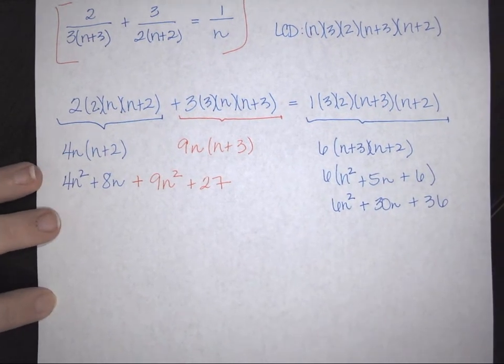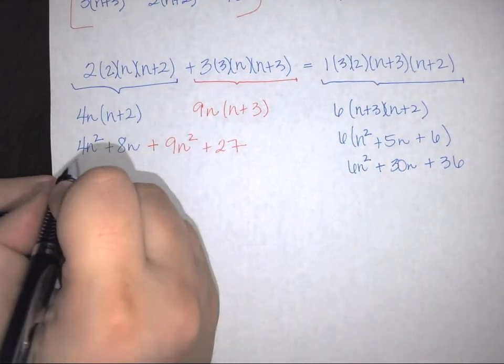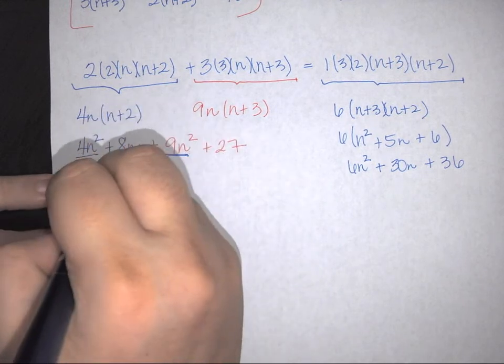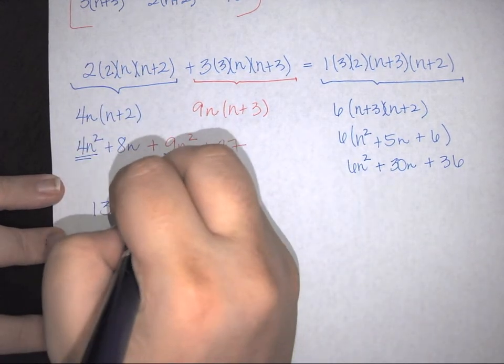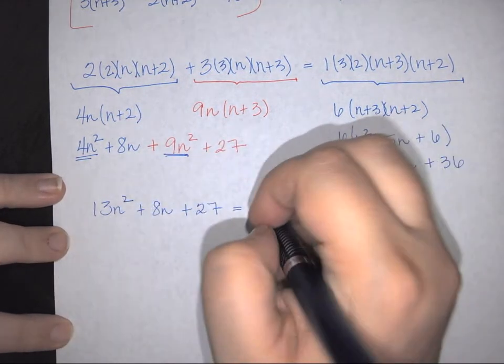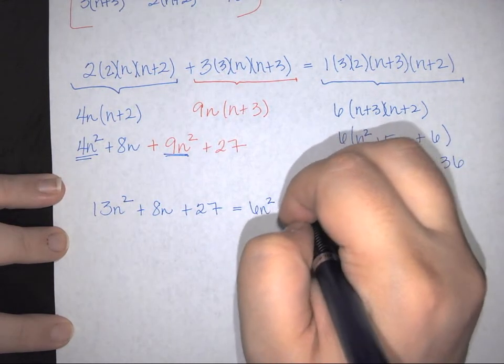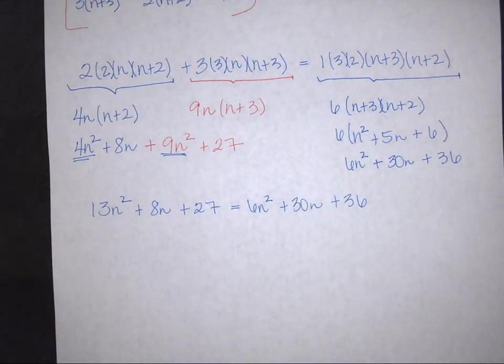So overall, what I actually have here is I have combined my terms. So 9 plus 4 gives me a 13n squared plus 8n plus 27 is equal to 6n squared plus 30n plus 36.